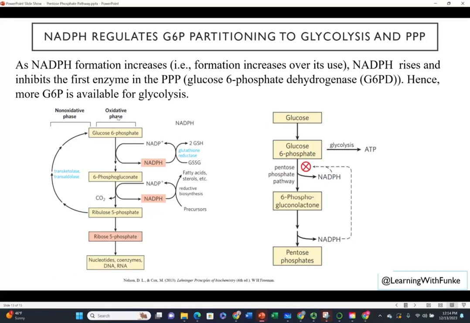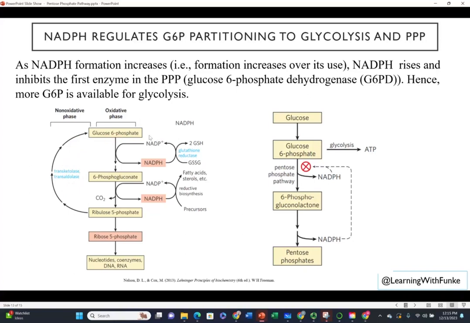So similar to this, in the PPP pathway, we have an oxidative phase that oxidizes metabolites from G6P to ribose 5-phosphate. And then in the other way, we have that non-oxidative phase, or think of it like now we're reducing. Here we were oxidizing things, now we're reducing. So we are going over a non-oxidative or reduction phase, catalyzed by these two enzymes, transketolase and transaldolase, and we're regenerating G6P again.